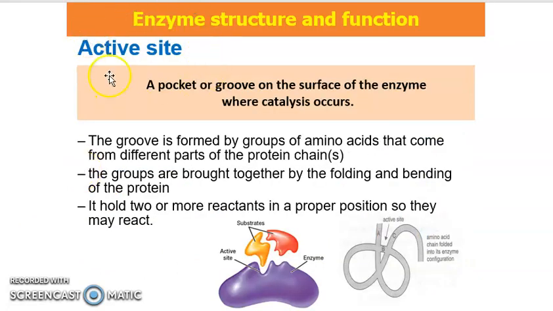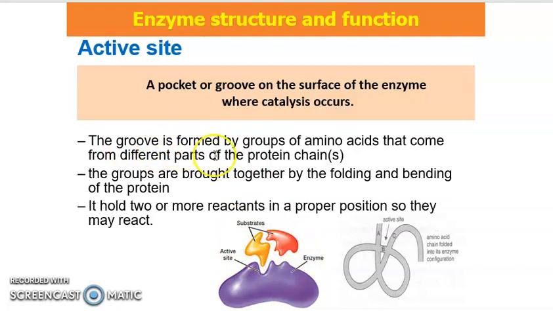So what is active site? If you look at the structure of the enzyme, one of the structures that you have to take note of is the active site. Active site is a pocket or groove on the surface of the enzyme where catalysis occurs. So the catalytic reaction will occur when substrate binds to the active site of the enzyme.